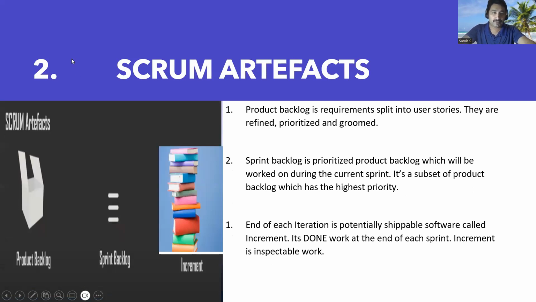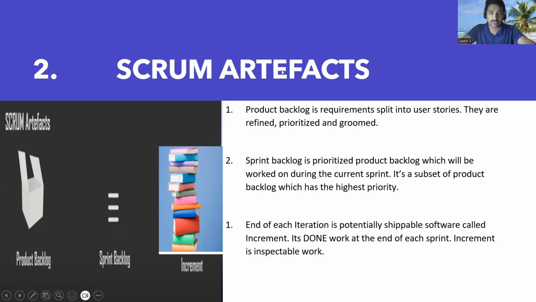The second point when we talk about Scrum is Scrum artifacts. So what is an artifact? An artifact is something that is produced by humans as a result of following some strategy. That is the basic definition of artifact if you check the dictionary.